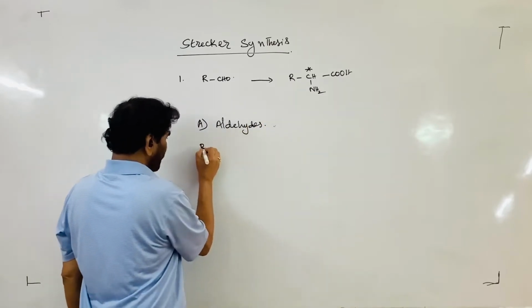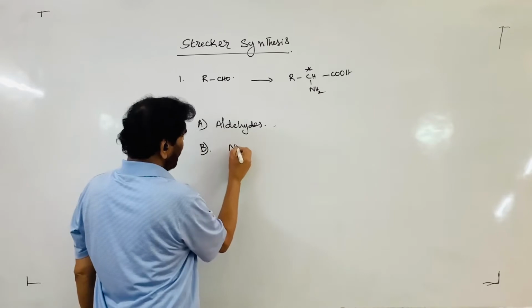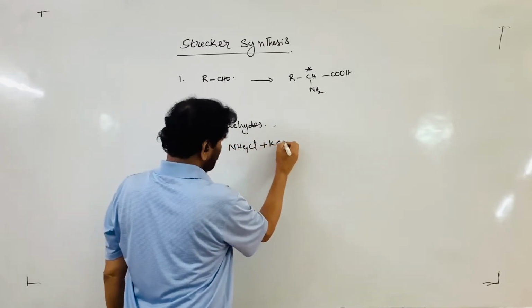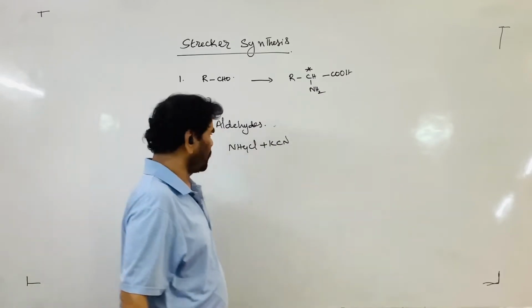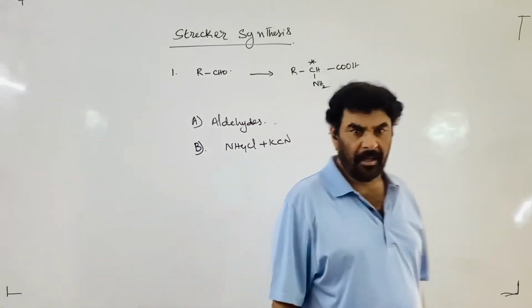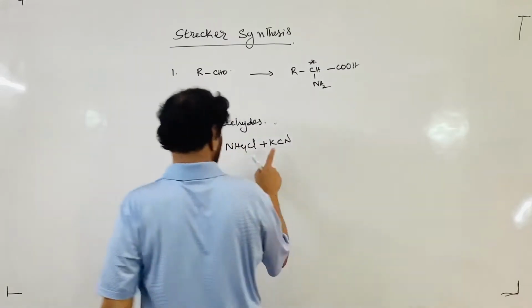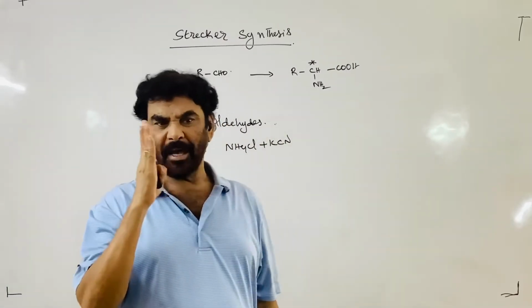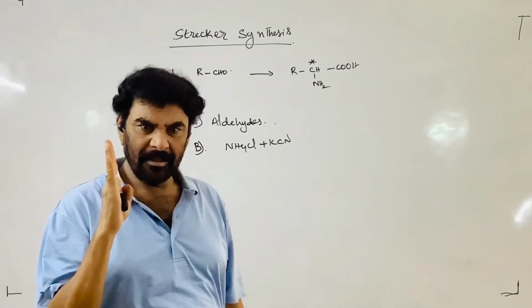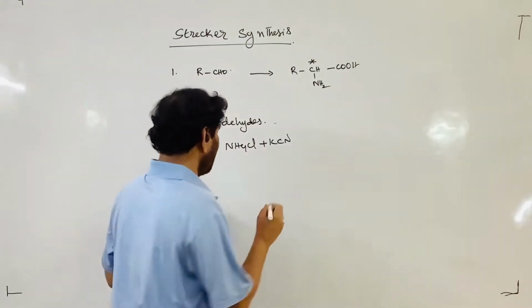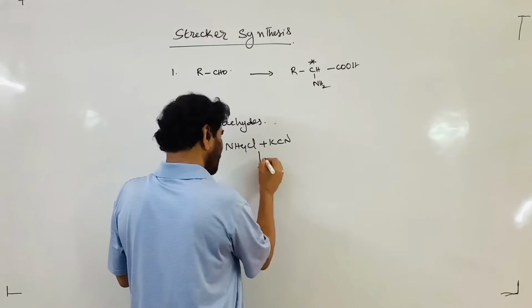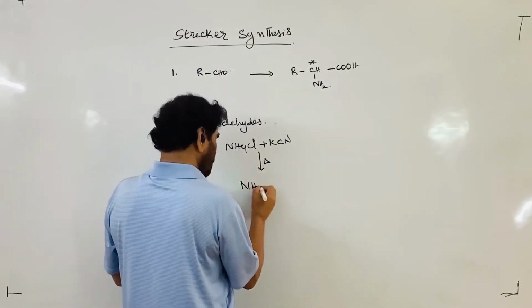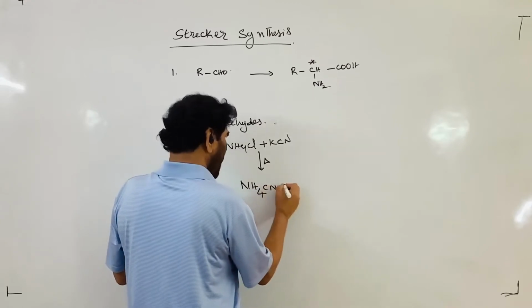Second, the reagent is normally ammonium chloride and potassium cyanide. This ammonium chloride and potassium cyanide is a source for ammonia and HCN. This on heating produces ammonium cyanide and KCl.